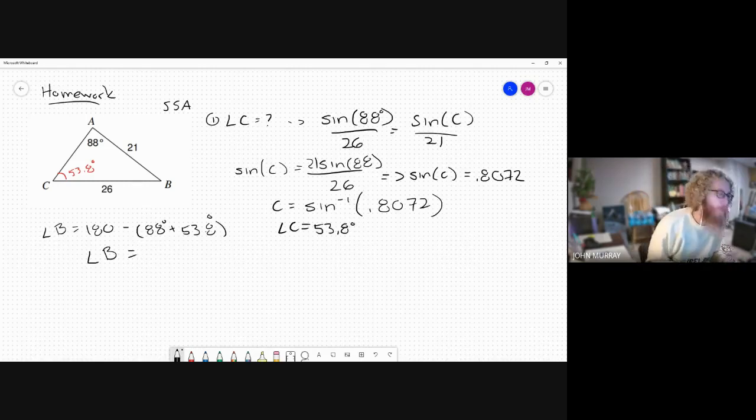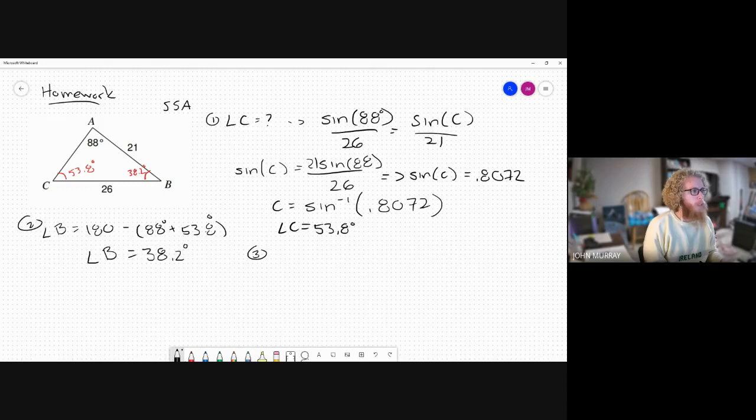We're going to get 38.2. Right, and now that we have angle B, we can set up a proportion for side B. This was our second step, and our third step.